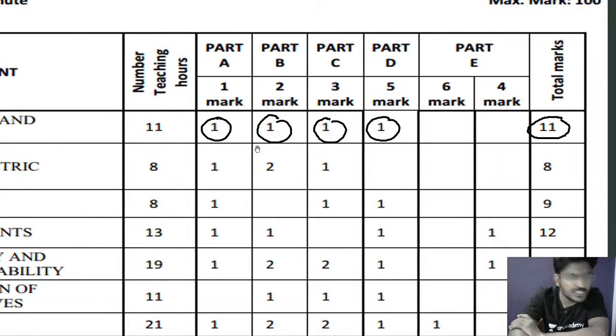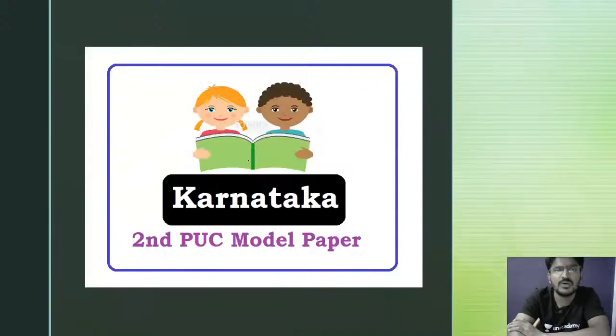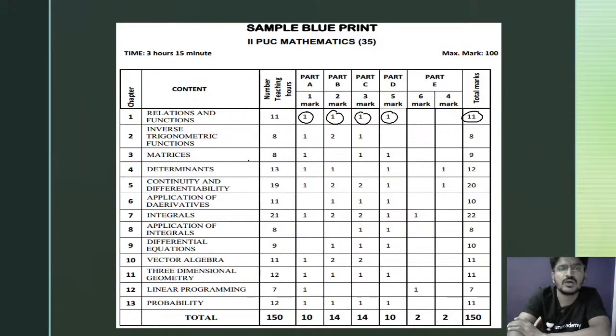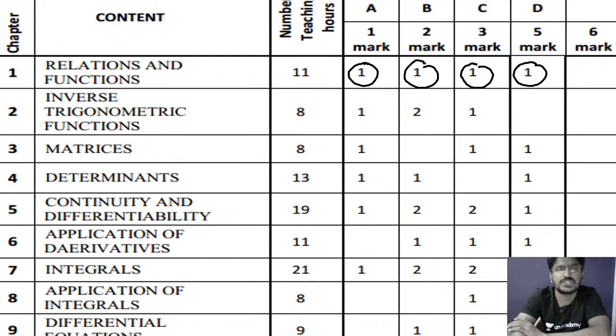Coming to 5 mark questions, here they will ask finding the inverse image, so you can get 5 marks from this. Go through this pattern of 1 mark, 2 mark, 3 mark and 5 mark. Totally you are going to have 11 marks from relations and functions.